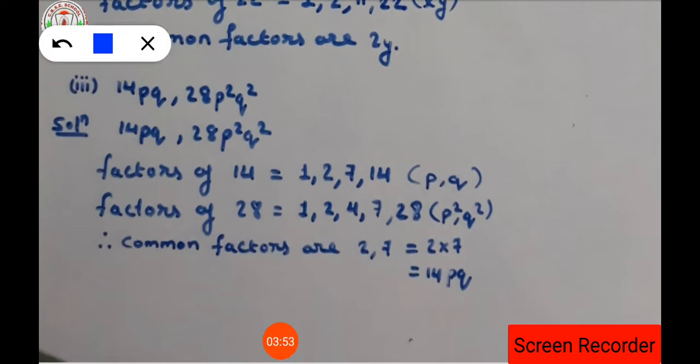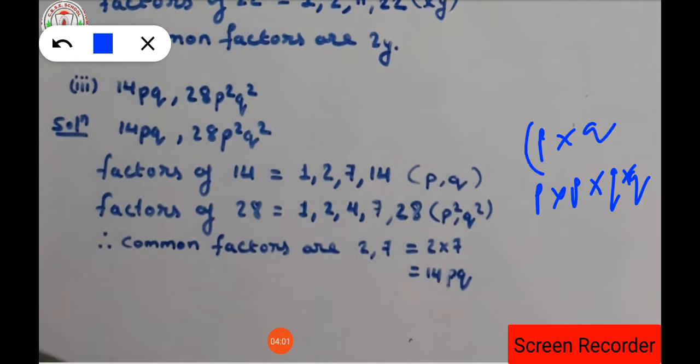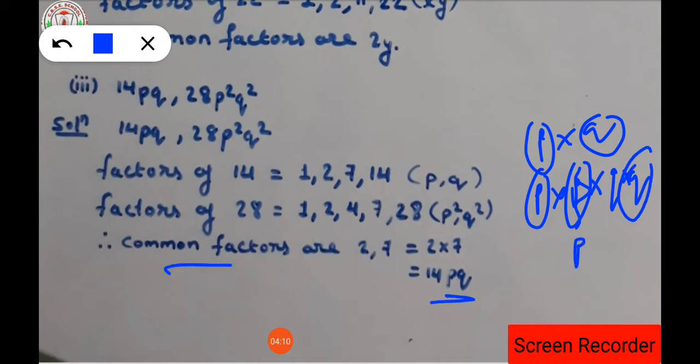Can we write p square q square as p into p into q into q? Yes. So p is common as an alphabet, q is common. So p and q are the common factors in the form of variables.